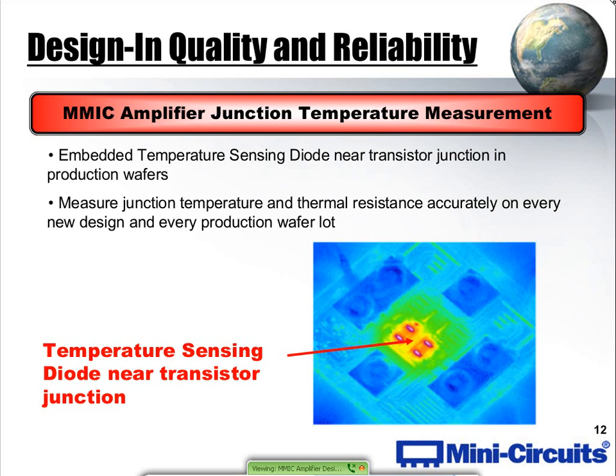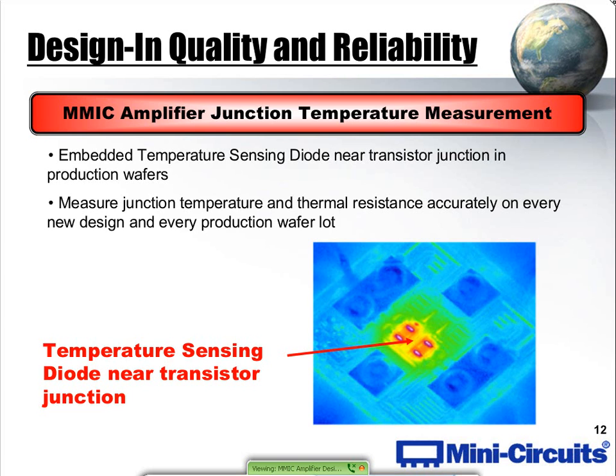Typically, we try to stay below 150 degrees C. That's where the semiconductor limits are, and we qualify every part that we put into the market that we can achieve those levels. But then what we also do on a wafer lot by wafer lot is we monitor the performance and the repeatability of that junction temperature.